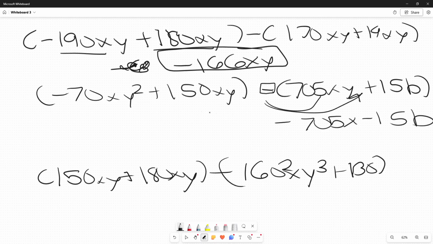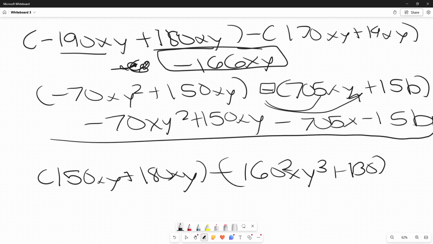And since we don't have any similar terms, we just leave it as it is. Your final answer would be negative 770xy squared plus 150xy minus 705xy minus 15b.